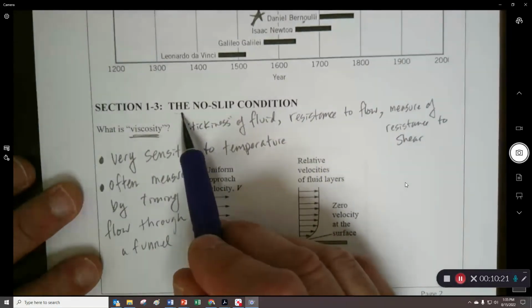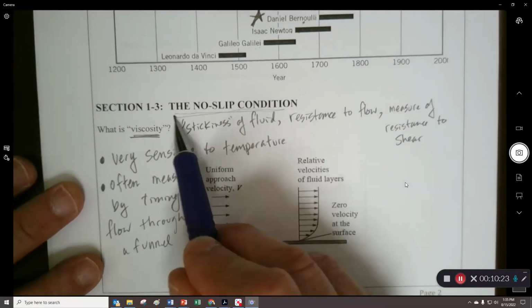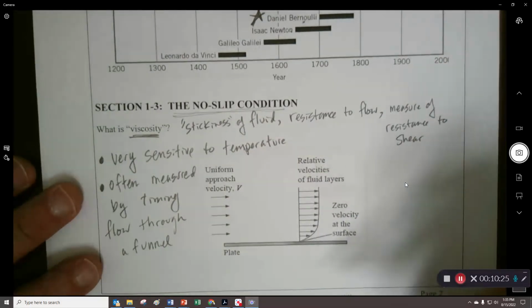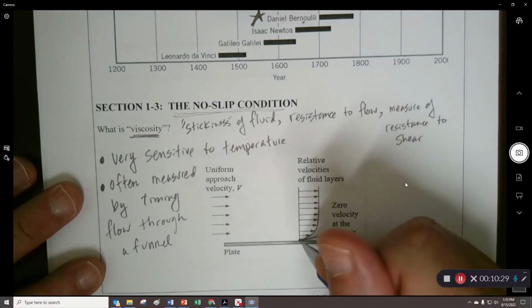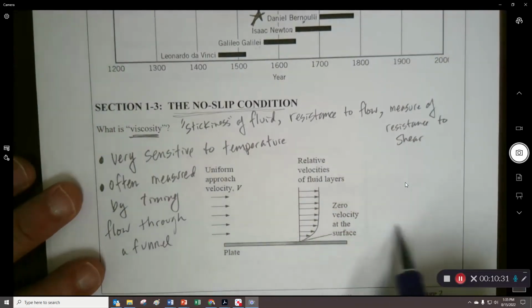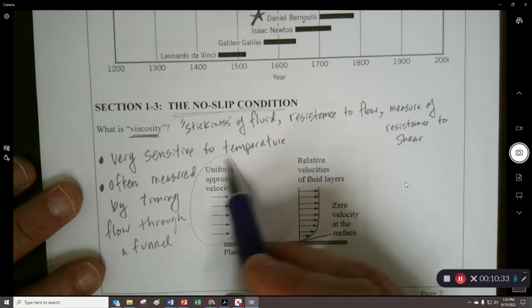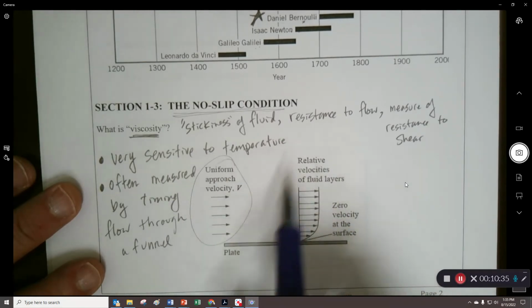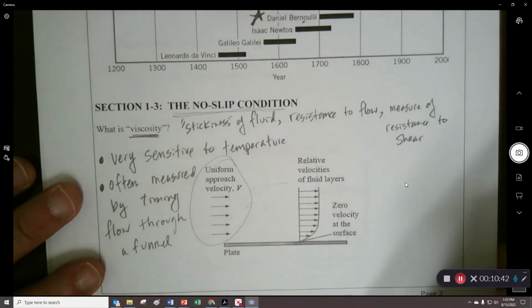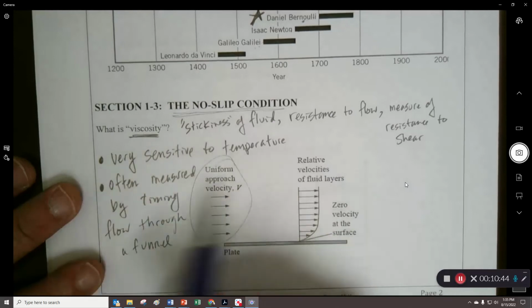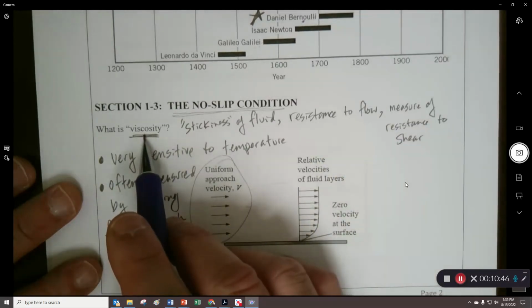But the whole topic here is the no-slip condition. Well, how is that related to viscosity? Well, a fluid running past a plate, right? So this is just a flow field, if you will, and this could be a liquid or a gas, but most of the time we're going to think about gases aren't nearly as viscous, so we could actually even just ignore them a lot of times.